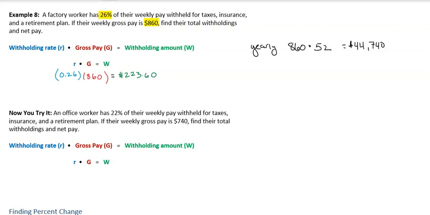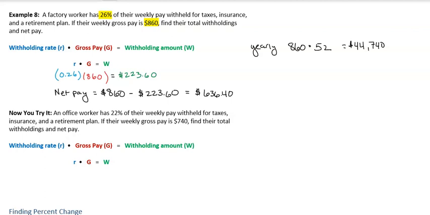Okay, so net pay then, net pay each week is going to be $860, the gross pay, minus all of the withholdings that are going to be taken out for taxes, insurance, and the retirement plan. So after withholdings, your paycheck that you actually put in the bank is $636.40.